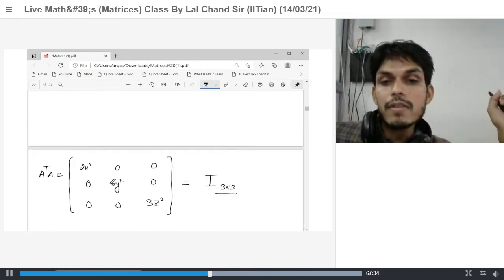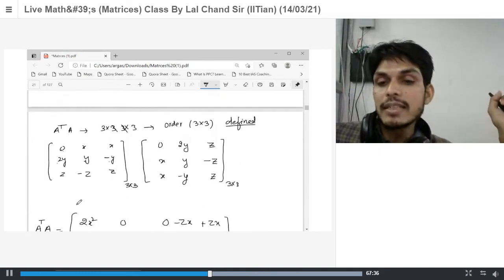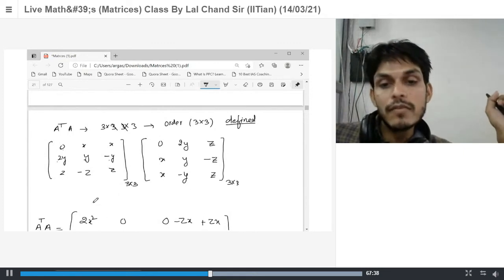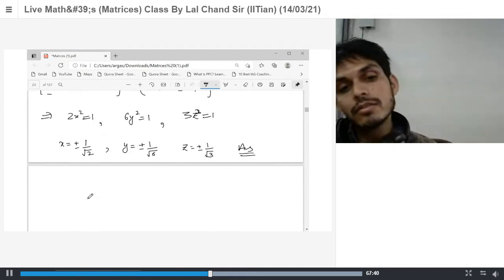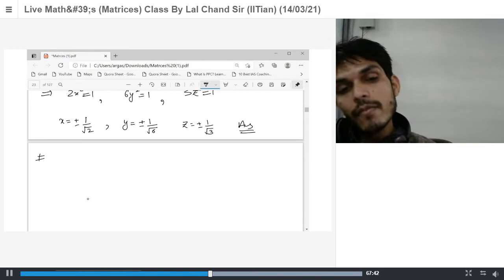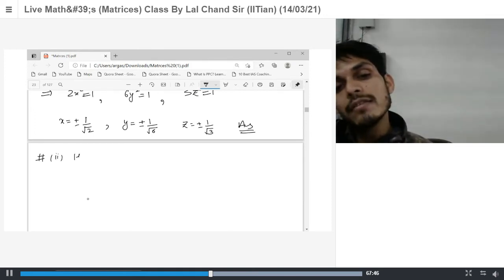Okay, so if someone asks how many matrices are possible, if I change this question, a second question related to this: how many matrices are possible?